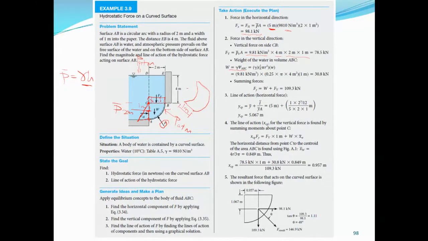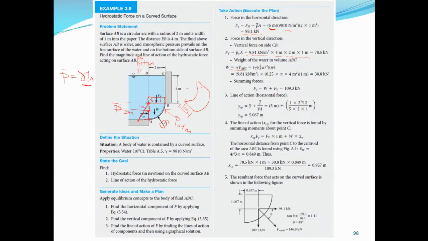And how can we find the volume ABC? This is not a semicircle, it is an arc that is 1/4 of a circle. So it is simply the area of the quarter circle times the width.